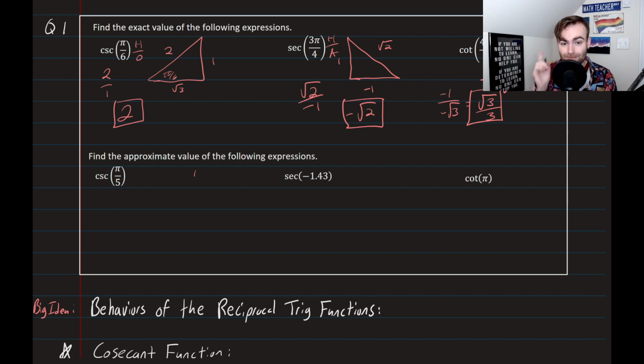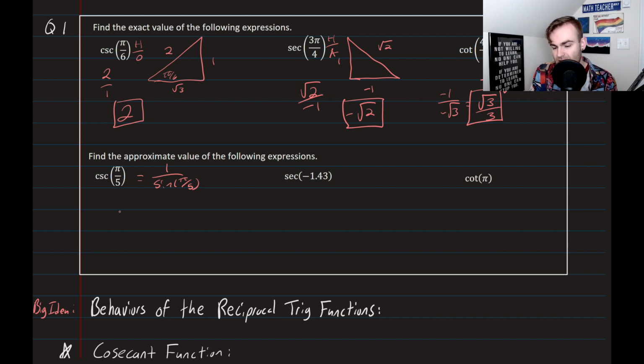That is a different function. What we have to use instead is we have to convert them to sines, cosines, and or tangents. So in this case, this would be 1 over sine of pi fifths. So when I plug it in my calculator, I have to do 1 divided by sine of pi divided by 5. Make sure that you're careful and that your parentheses and how you're setting it up is okay.